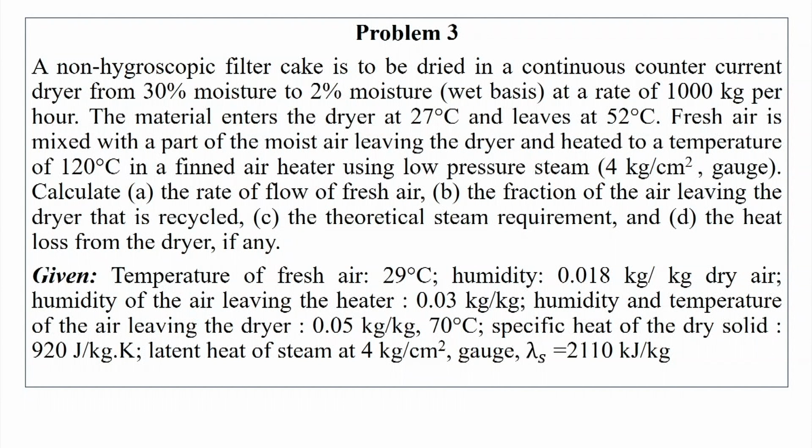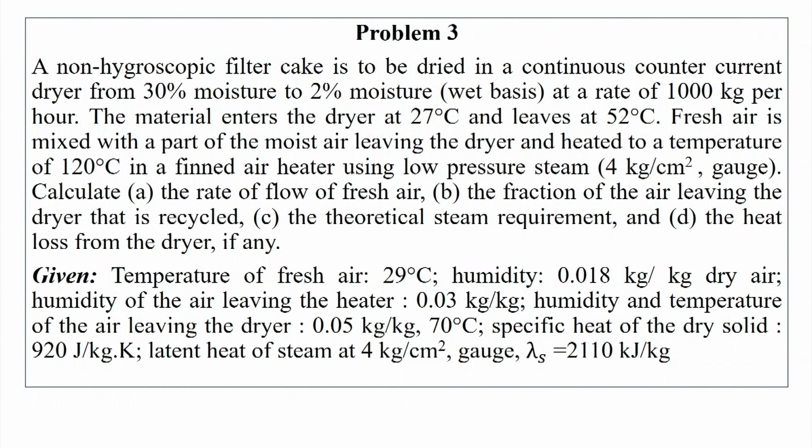Now, the data given to solve this problem are: temperature of the fresh air is 29 degree Celsius with humidity 0.018 kg per kg dry air, humidity of the air leaving the heater is 0.03 kg per kg dry air, and humidity and temperature of the air leaving the dryer are 0.05 kg per kg dry air and 70 degree Celsius.